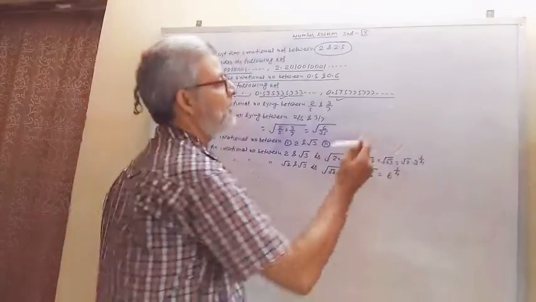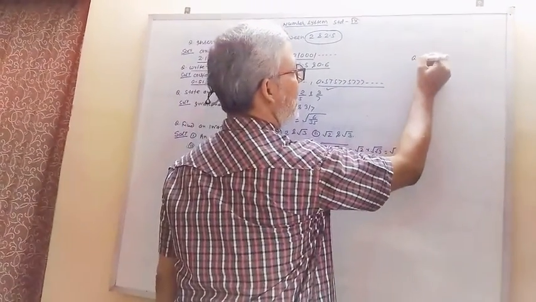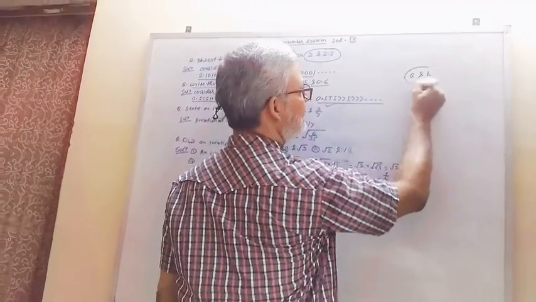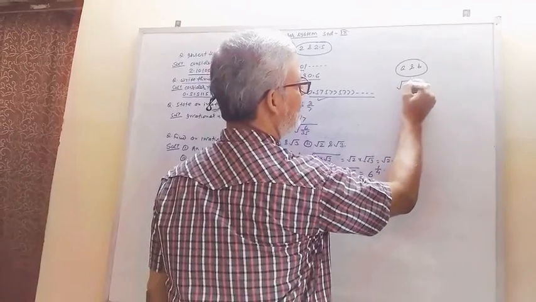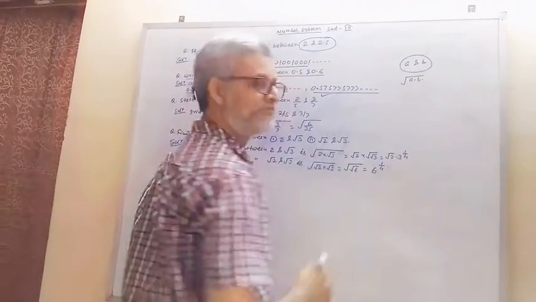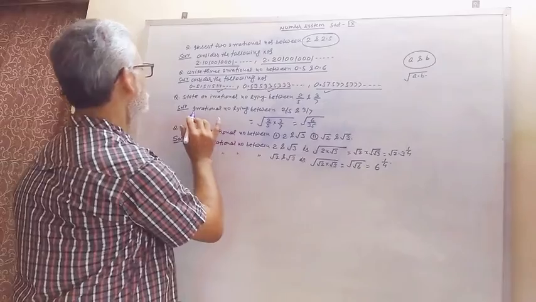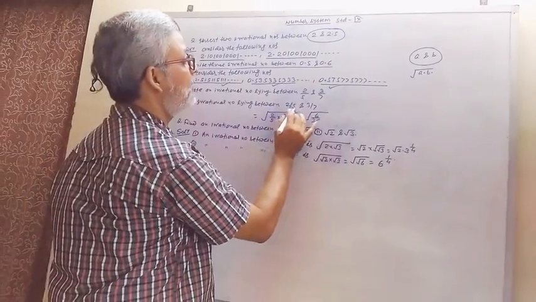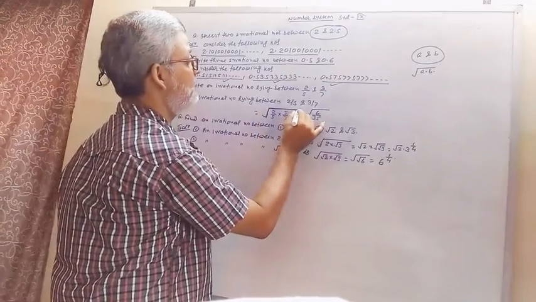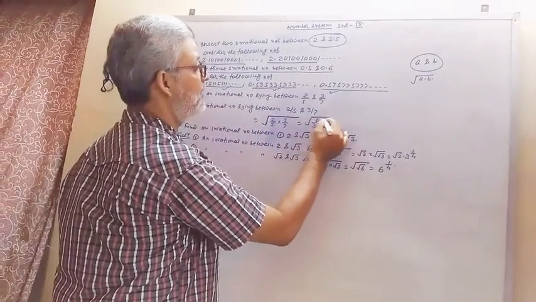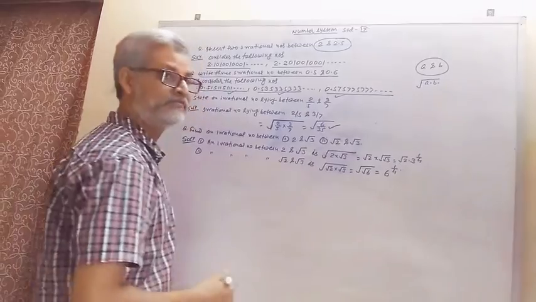The property is, if A and B are rational numbers, then the irrational number is root under A into B. Now, the irrational number lying between 2 by 5 and 3 by 7 is equal to root under 2 by 5 into 3 by 7, that is root under 6 by 35.